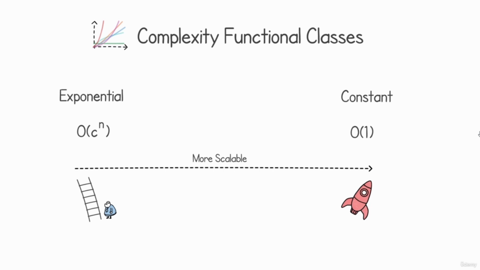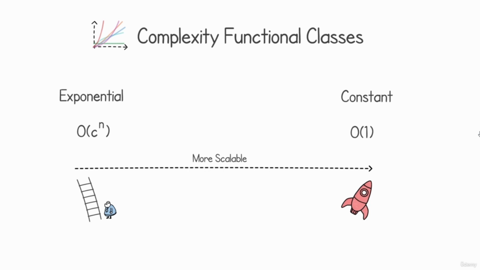Similarly, if we want to solve a problem that only has a small input size, we're probably fine by using an exponential complexity algorithm. However, as we increase the size of our input, the solution will not scale. The problem will become intractable. So we would need to design more scalable algorithms.